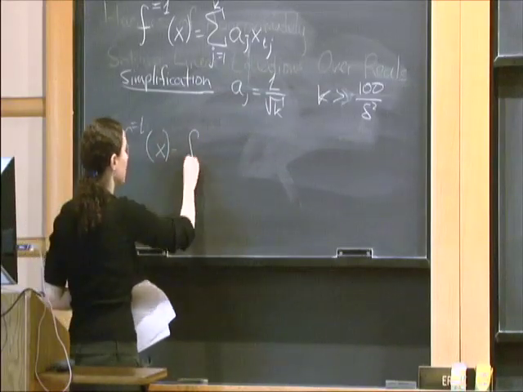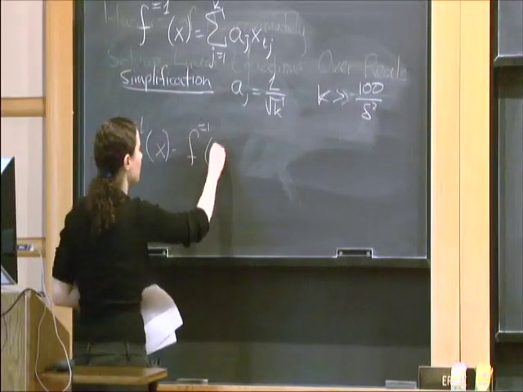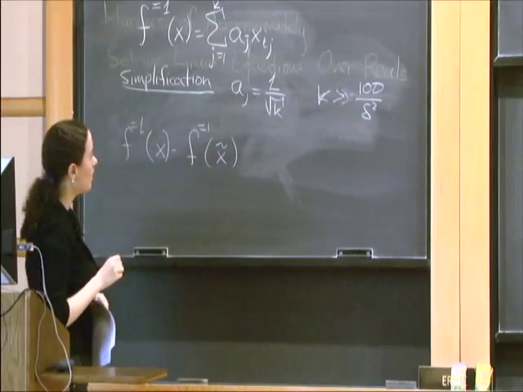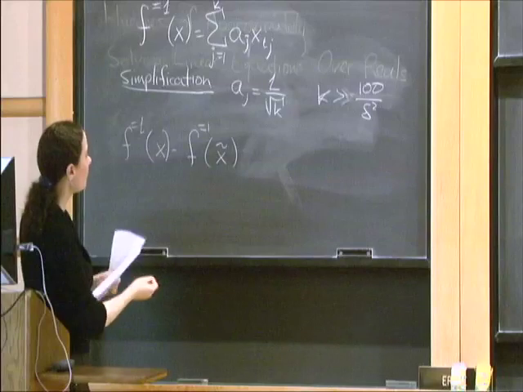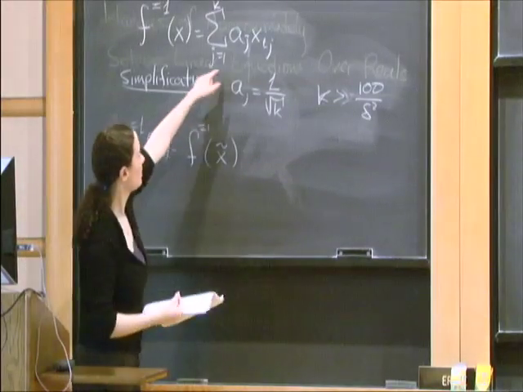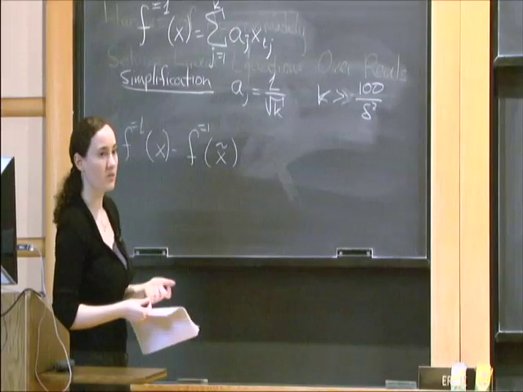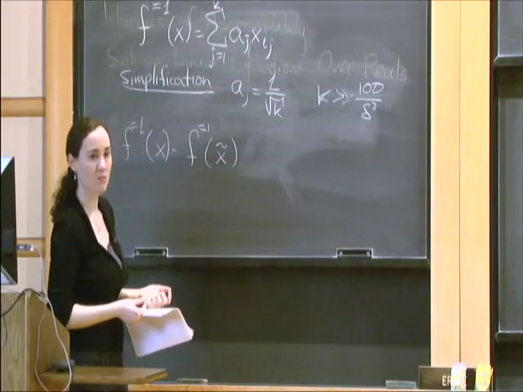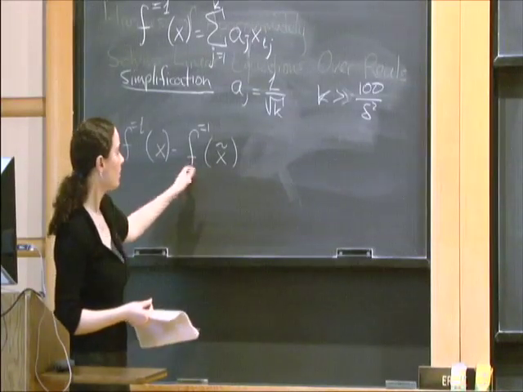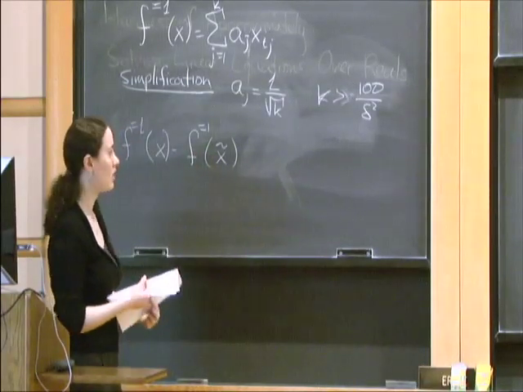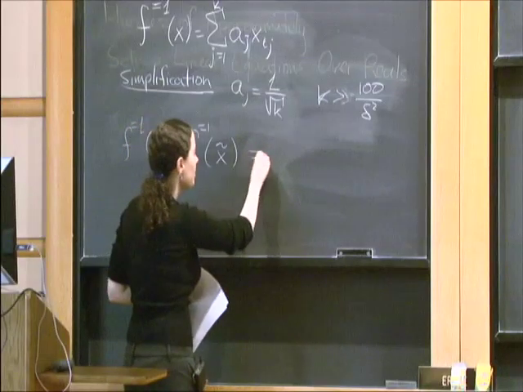Okay, so let's see what's the difference between the value on x and the value on x tilde, at least with the linear part. I just substitute what I have here. Most of the coordinates remain the same. What I have here is only the coordinates that change. It's about delta fraction.